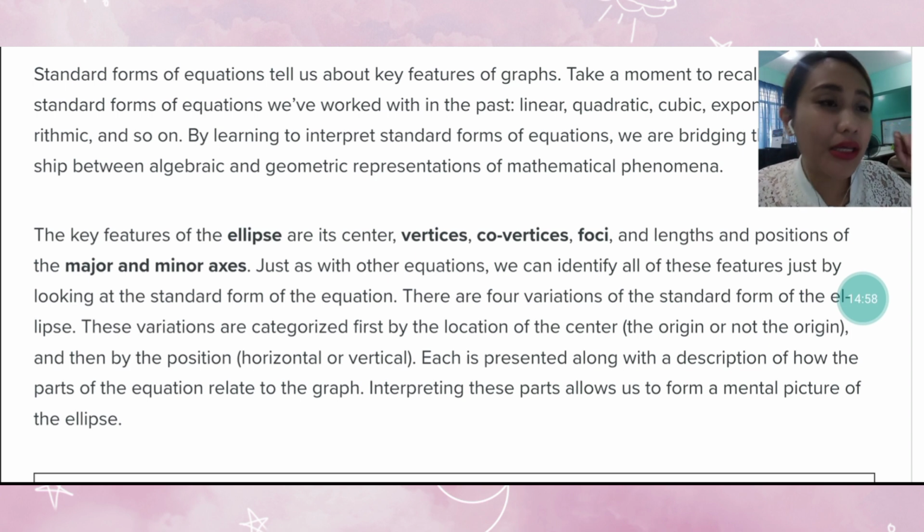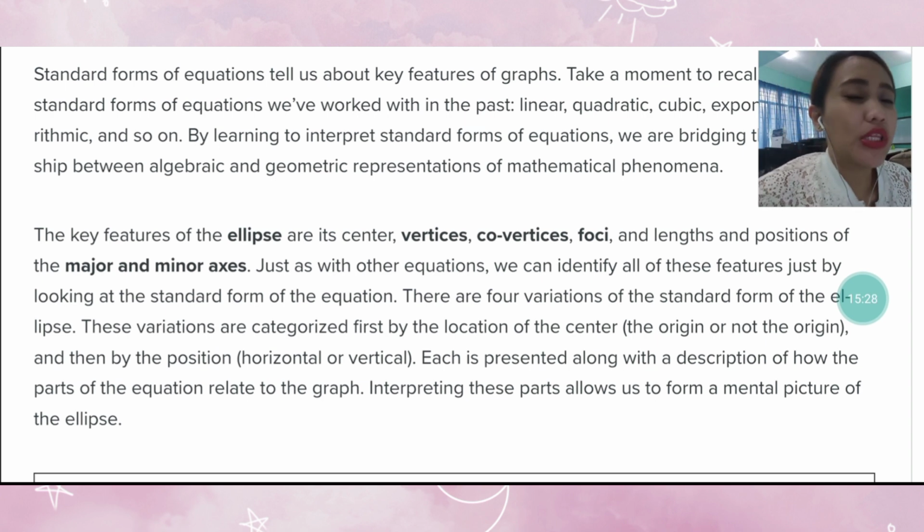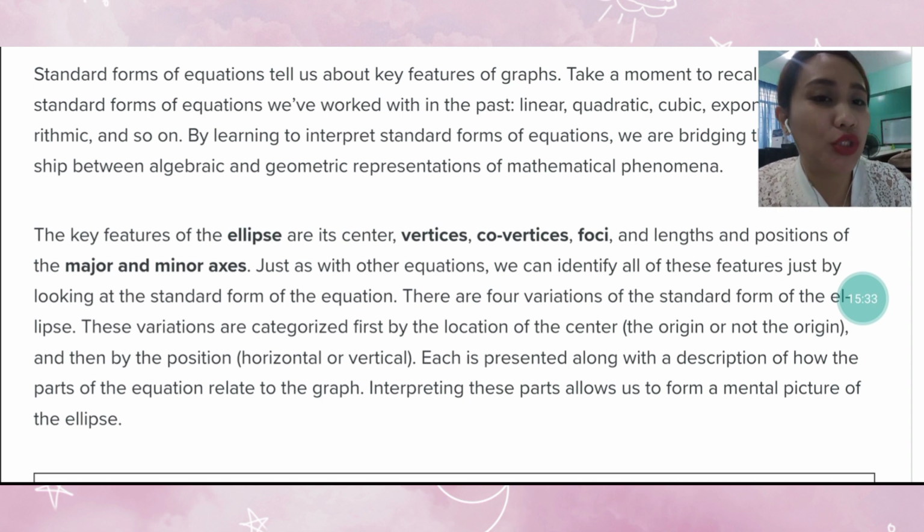The ellipse can be centered at the origin, where the center is (0, 0), or at another point in our Cartesian plane, where the center is (h, k). Then they are categorized by position, since there are ellipses that are horizontal and vertical. Each is presented along with a description of how the parts of the equation relate to the graph. Interpreting these parts allows us to form a mental picture of the ellipse.